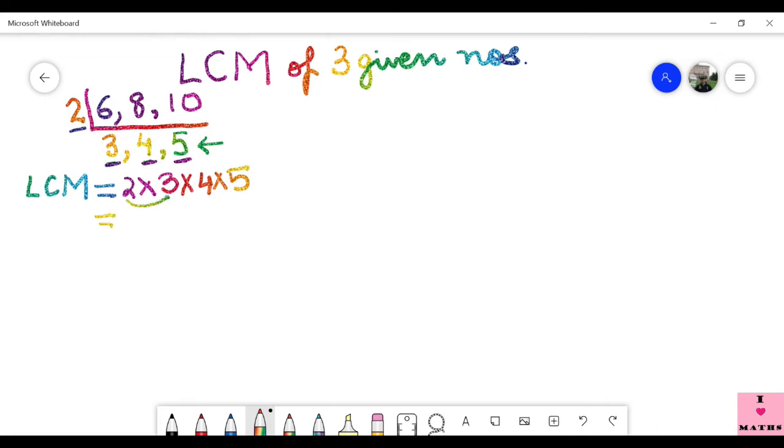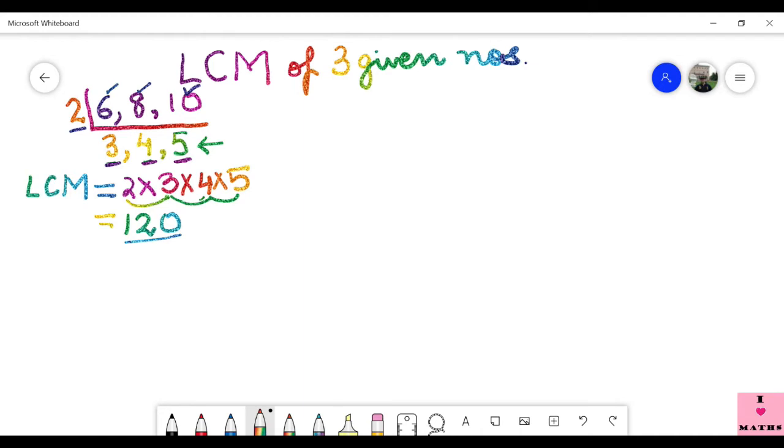Now 2 3s are 6, 6 4s are 24 and 24 5s are 120. So 120 is the LCM of 6, 8 and 10.